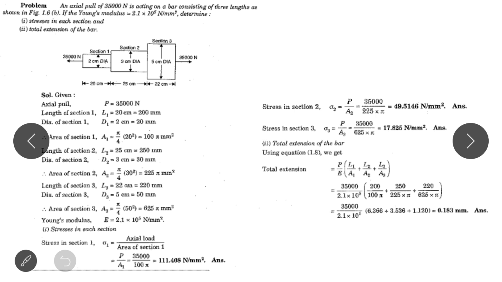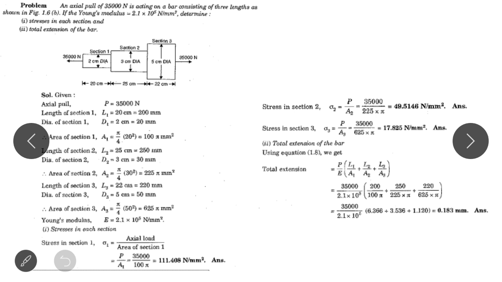Stress in section 2, sigma 2 is equal to load divided by area 2, therefore 35,000 divided by 225 into pi is equal to 49.5146 Newton per mm square. Stress in section 3, sigma 3 is equal to P divided by area 3 is equal to 35,000 divided by 625 into pi is equal to 17.825 Newton per mm square.